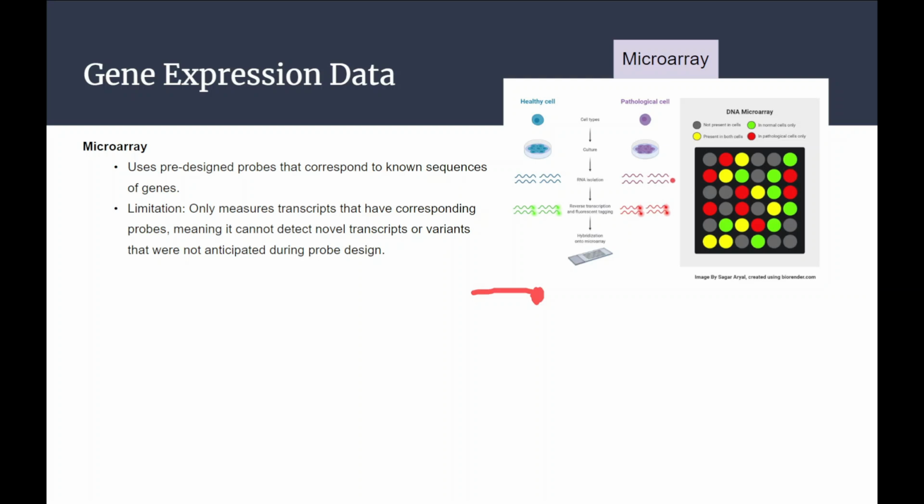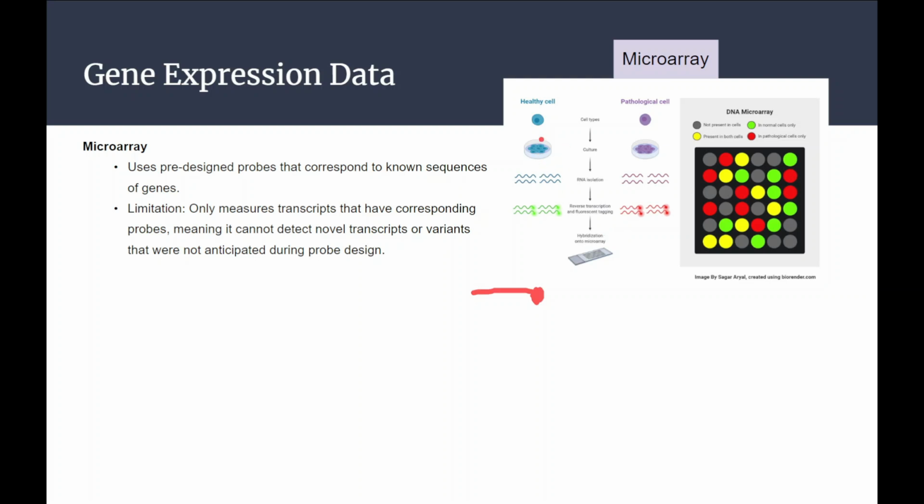Now, the principle behind the DNA microarray is that we have a chip, and within the chip we have short circle wells, and this microarray is basically probe-based, meaning whatever information we want to collect, we design the probe for only that.